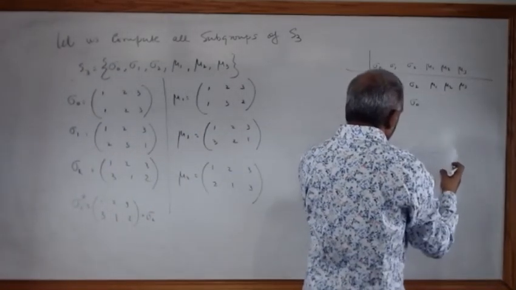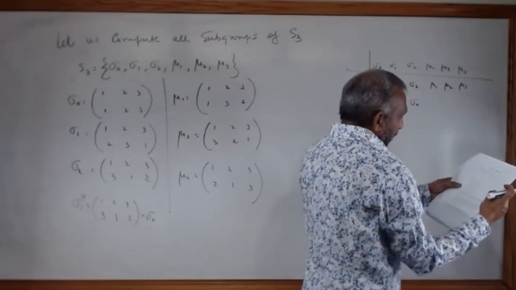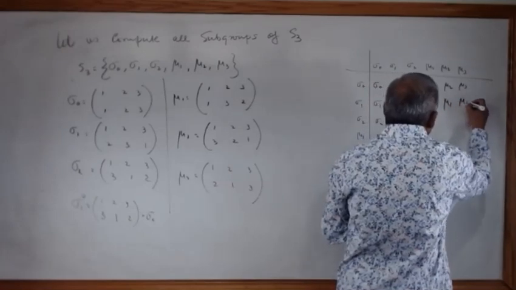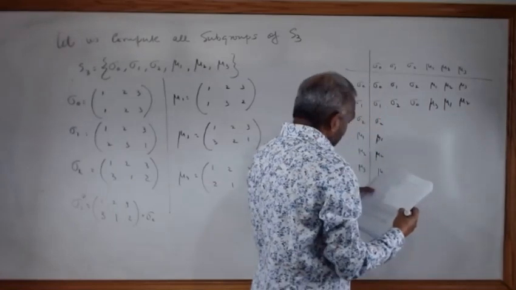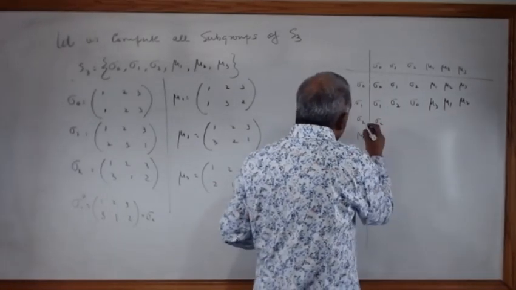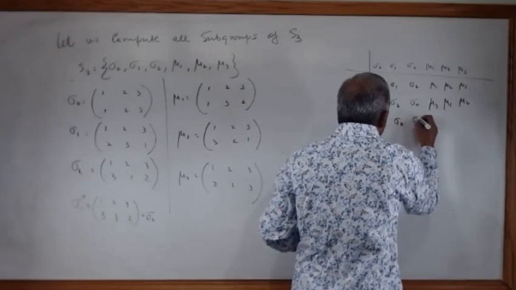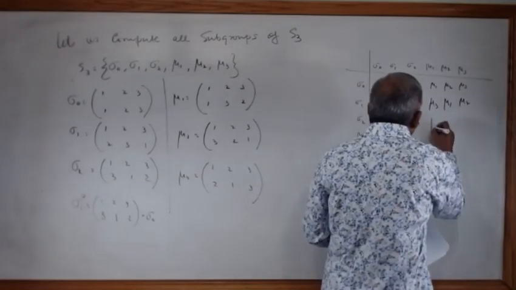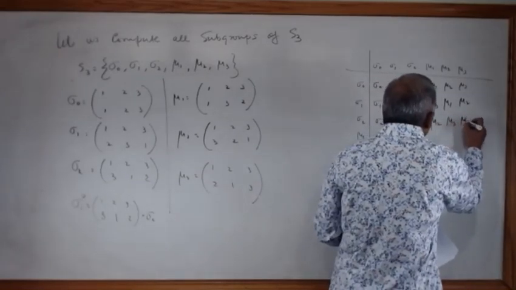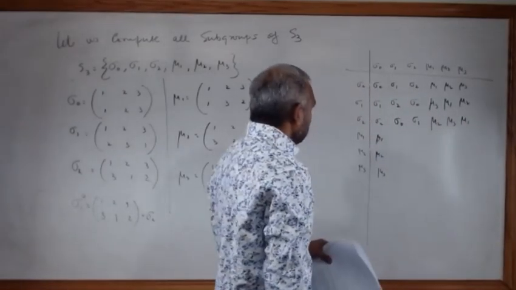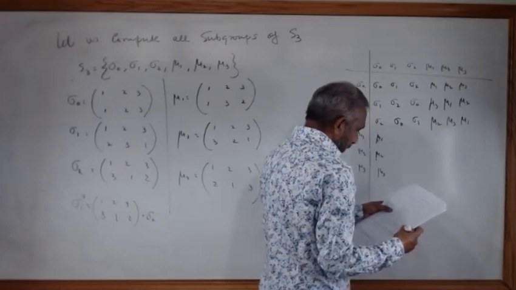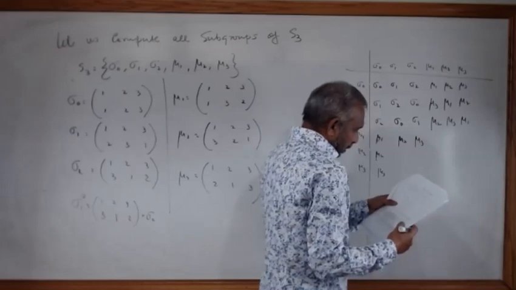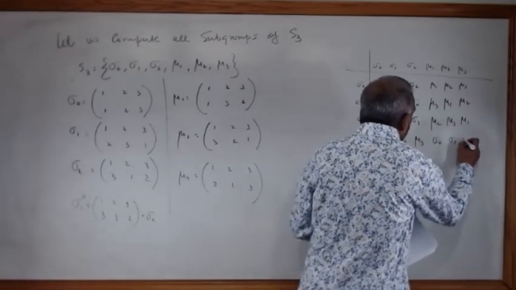And this is going to be sigma 2, mu 3, mu 1, and mu 2. And this is going to be sigma 0, sigma 1, sigma 2, 3, 1. And this is going to be mu 2, mu 3, sigma 0, sigma 1, sigma 2.